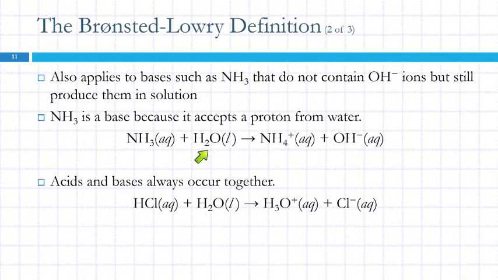So here, the hydrogen ion from water is being donated to the ammonia. Well, what is it called when something donates a hydrogen ion? It's an acid. So here, water is acting as an acid, donating a hydrogen ion to ammonia, the base.